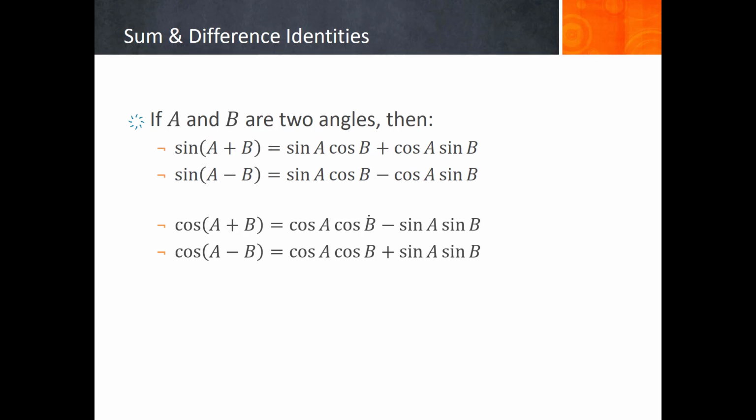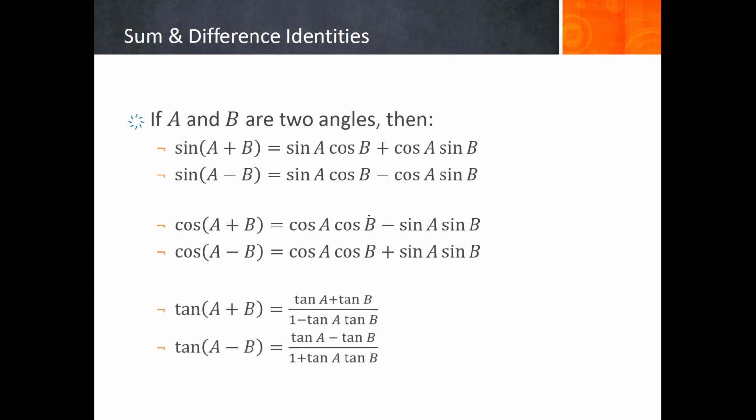Okay. All right, and then the third group is tangent, which looks a little different. Remember, tangent is sine over cosine, so it uses some different properties here. But if you had the tangent of a plus b, that can be rewritten as the tangent of a plus the tangent of b.